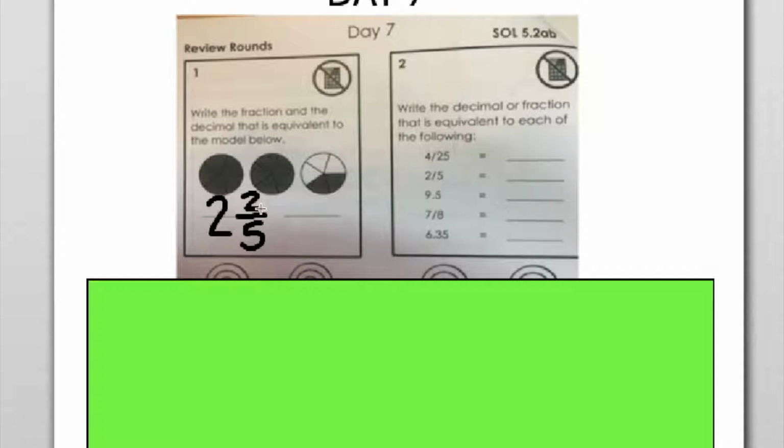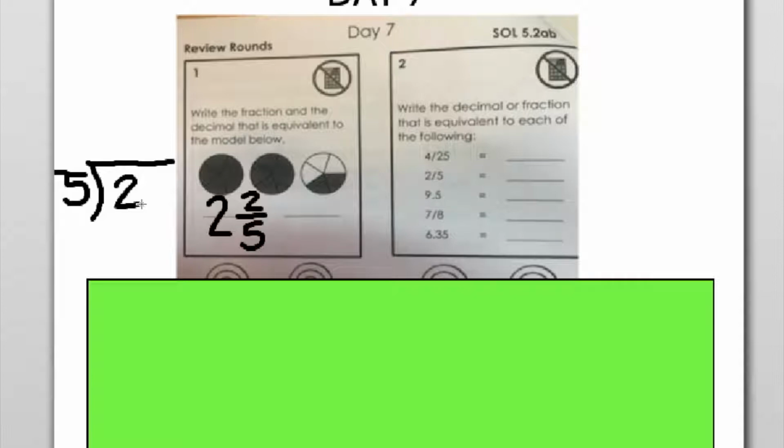So we need to figure out how to turn 2 fifths into a decimal. Now we could divide. We know that every fraction is a division problem. We could write 5 and go through the process of doing this division problem.